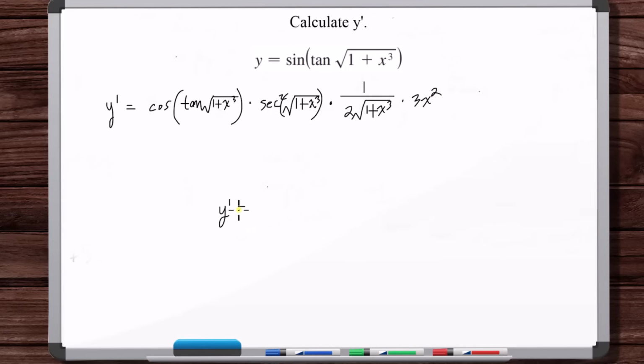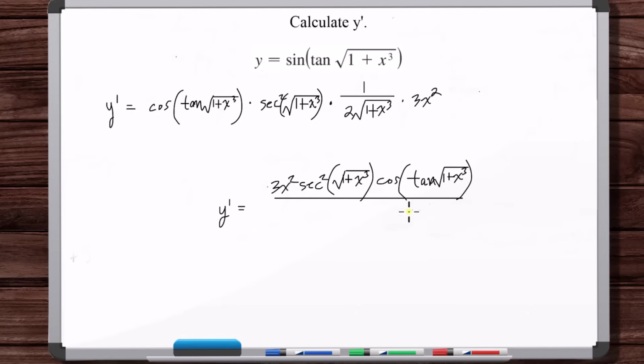Okay, so y prime is equal to... okay, that's the derivative.